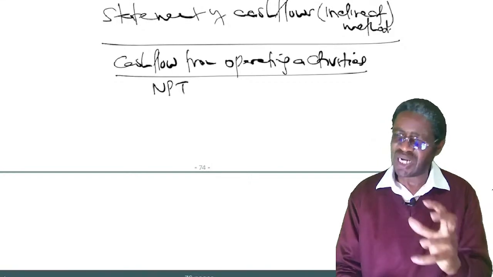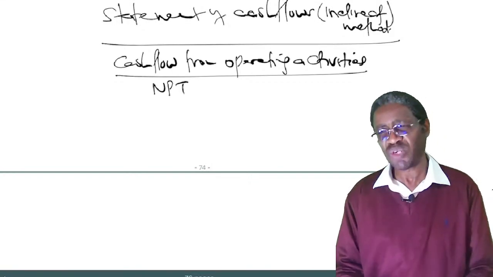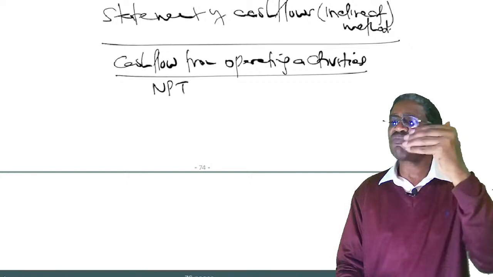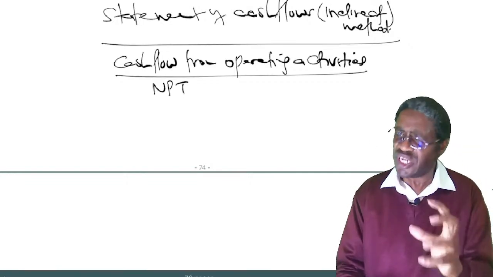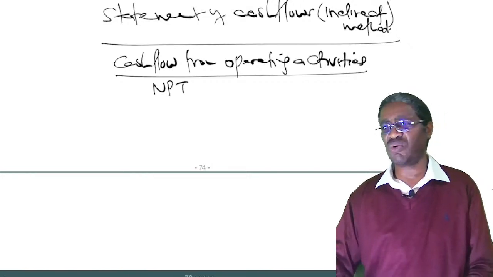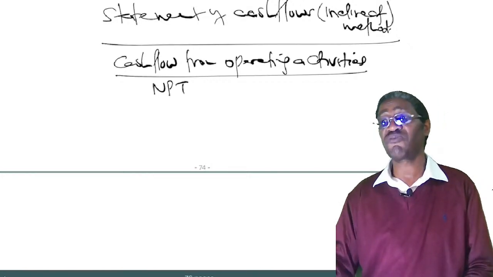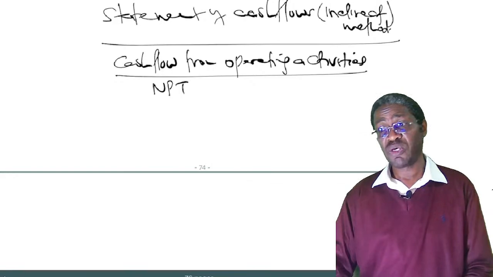That is a mark I told you one should never miss, because it's something you just go and pick from the question. So let's go to the income statement and find out how much was the profit before tax for the group.